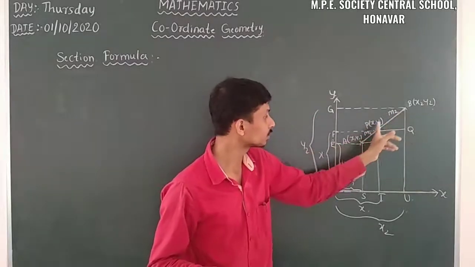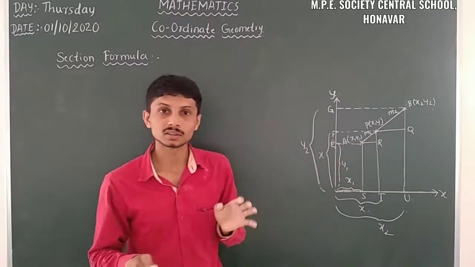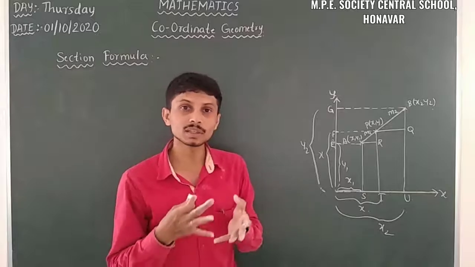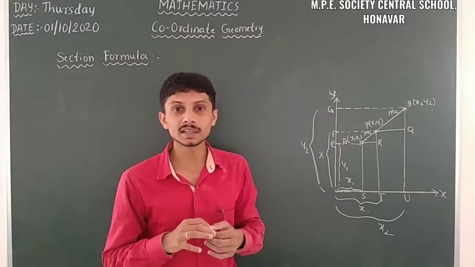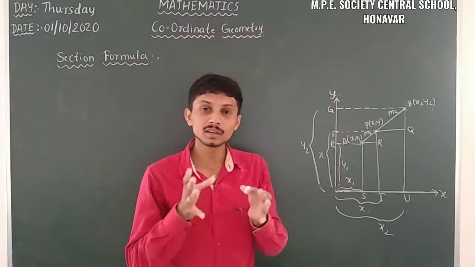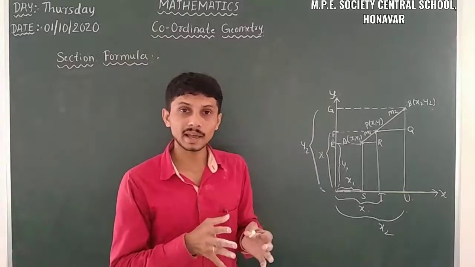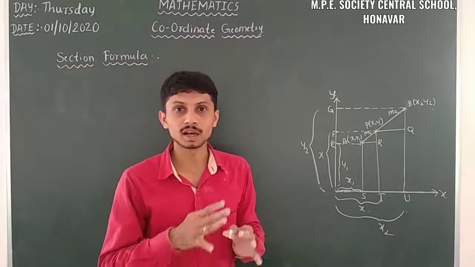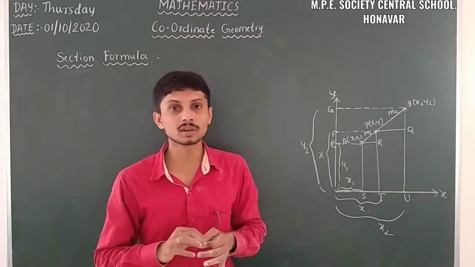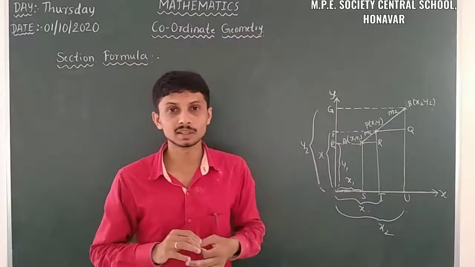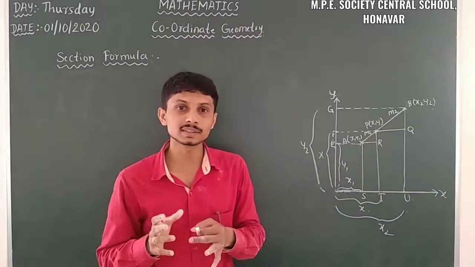By the AAA similarity criterion, when the angles inside the triangles are equal, the two triangles are similar.